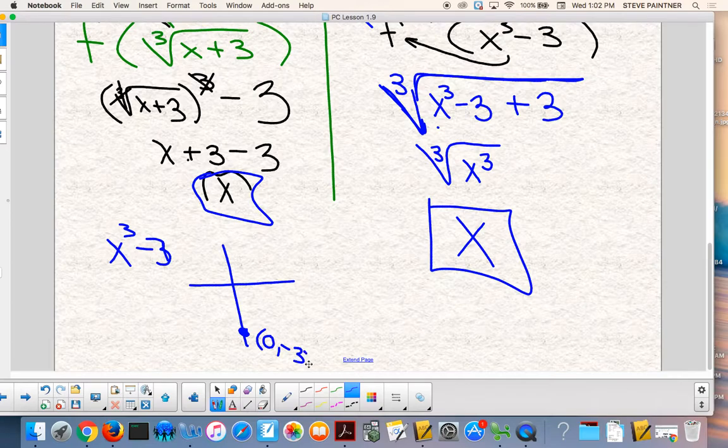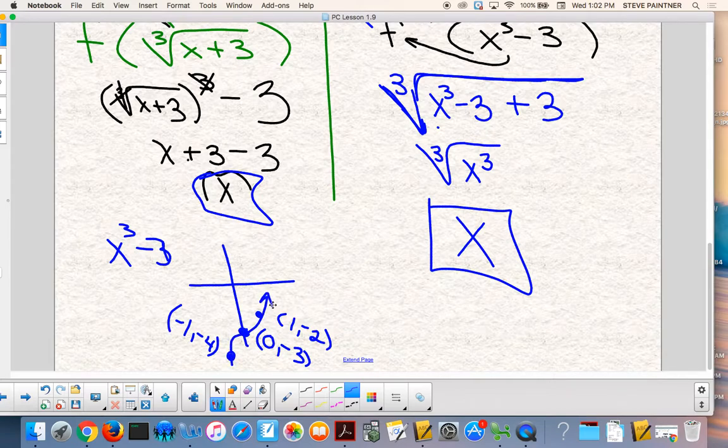And then you should know the parent goes over 1, up 1, right? And then left 1, down 1. So you should know those 3 points. What are they? 1, negative 2. 1, negative 2, yep. Negative 1, negative 4. Okay, so that is your parent. But you got to remember, this thing goes like this.